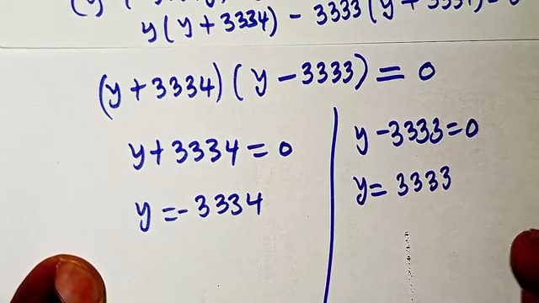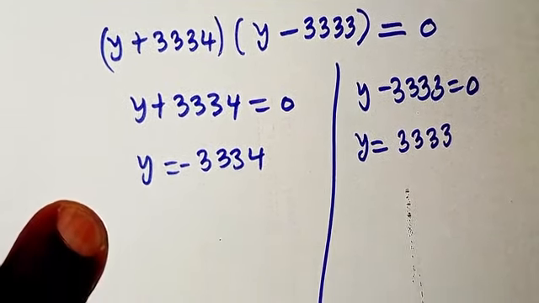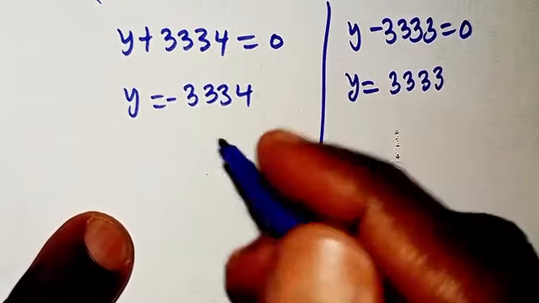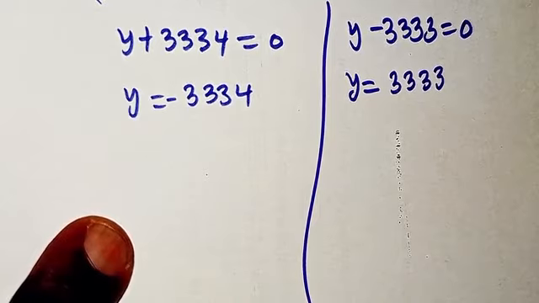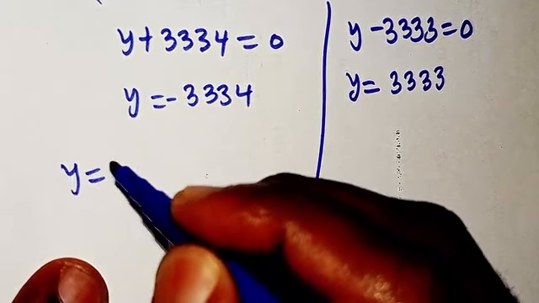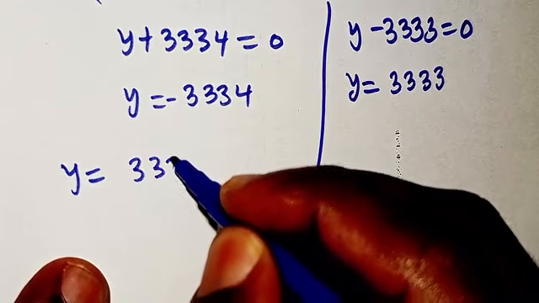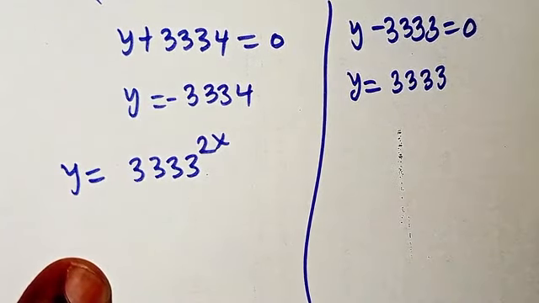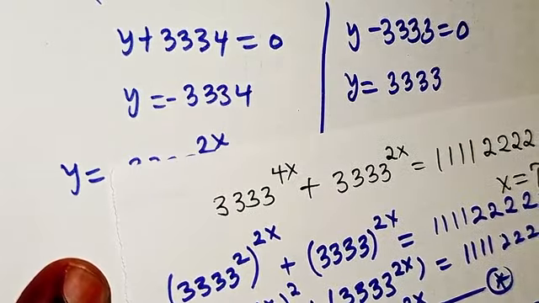I will transpose this to the other side. Now here, we said from the beginning, we said y to be equals 3, 3, 3, 3 to the power of 2x. That's what we said from the beginning.